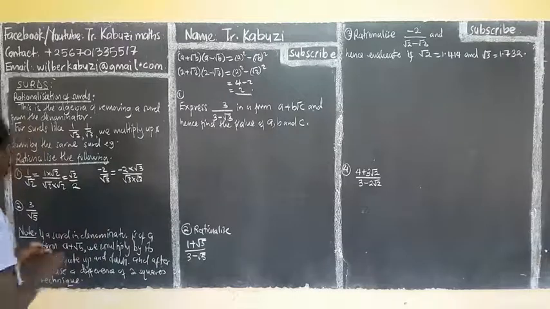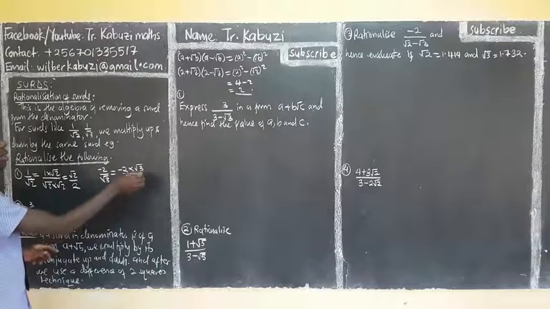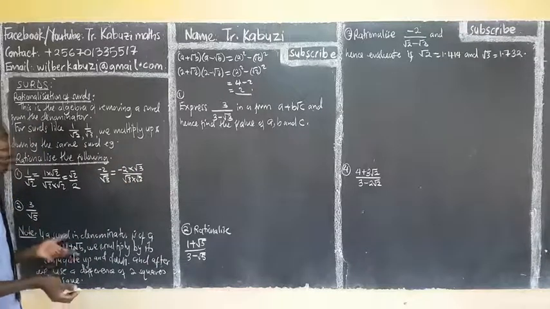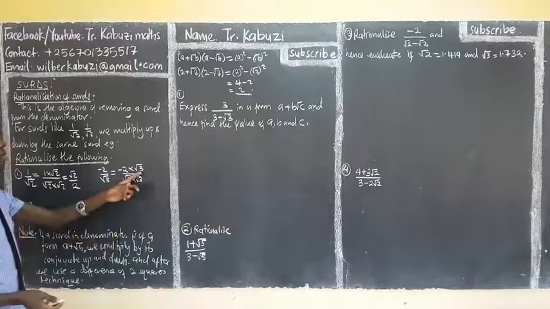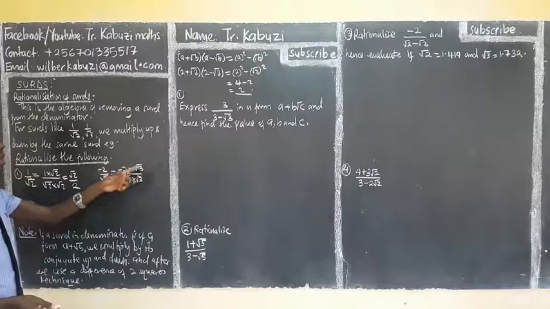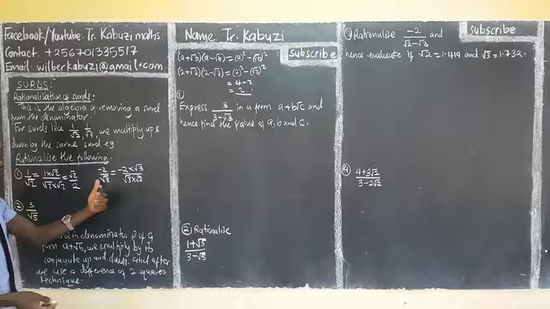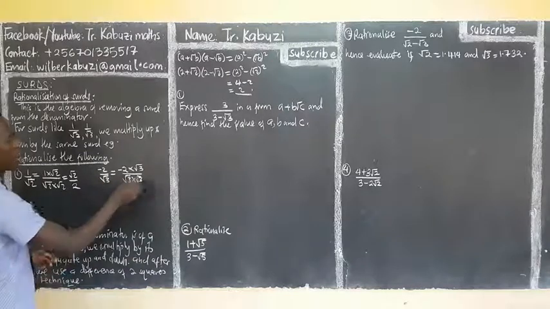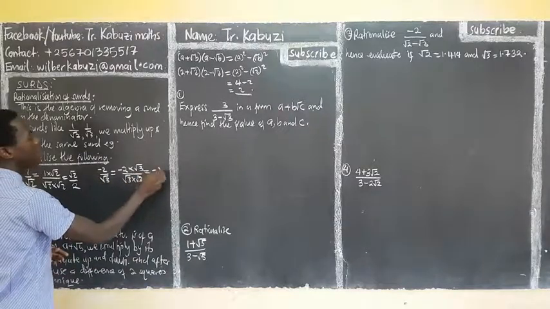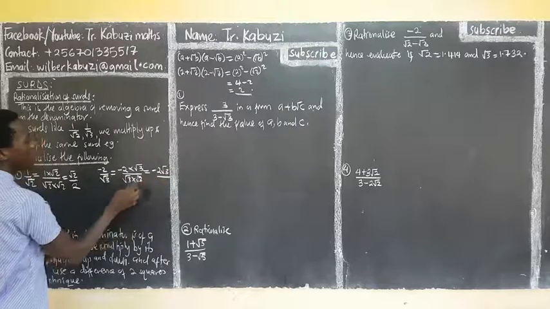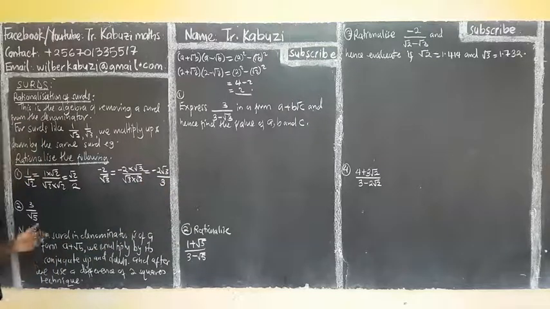Why do we do this? So that when I multiply this up and down, I'll be creating a 1. It's like I'm doing nothing, because this and this cancel and we get this back. That's why you multiply by the same thing up and down. So this will be negative 2 root 3 over root 3 times root 3, that is 3. When I come to this, the same idea.